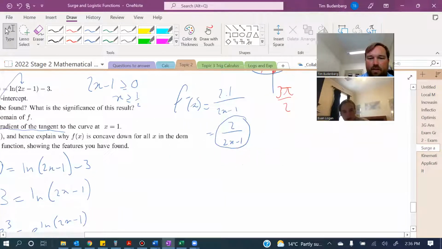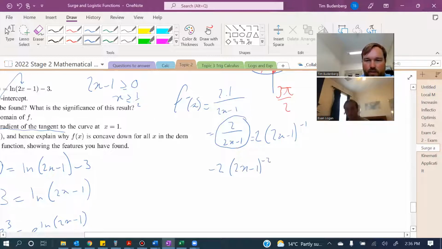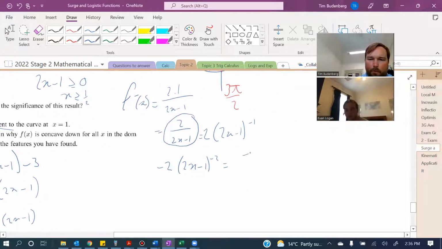I would think of this as 2x take 1 to the minus 1, because then you don't have to use quotient rule, you can use chain rule. So when you derive it, it'll be minus 2 bracket 2x take 1 to the minus 2, which equals minus 2 over 2x take 1 squared.